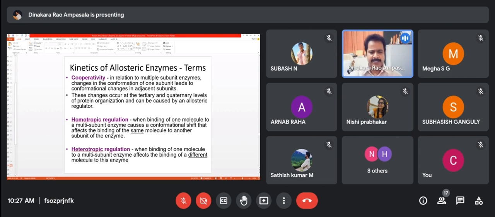Heterotropic regulation is when binding of one molecule to a multi-subunit enzyme affects the binding site of a different molecule on the enzyme. Here one regulatory molecule binds to one subunit, and that changes the conformation of that subunit and the other subunits.